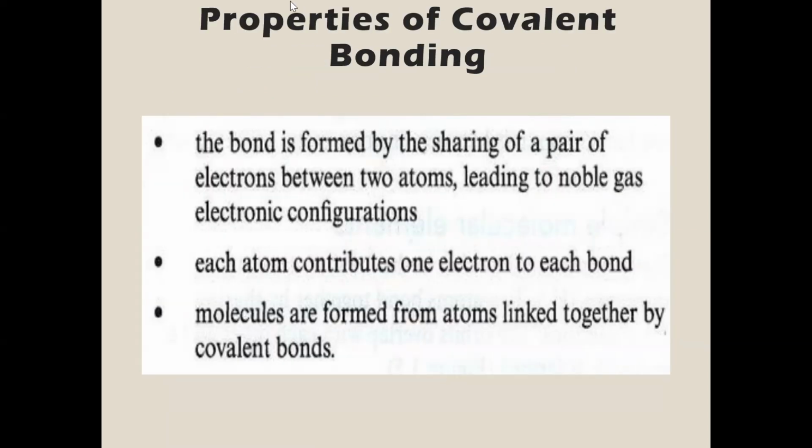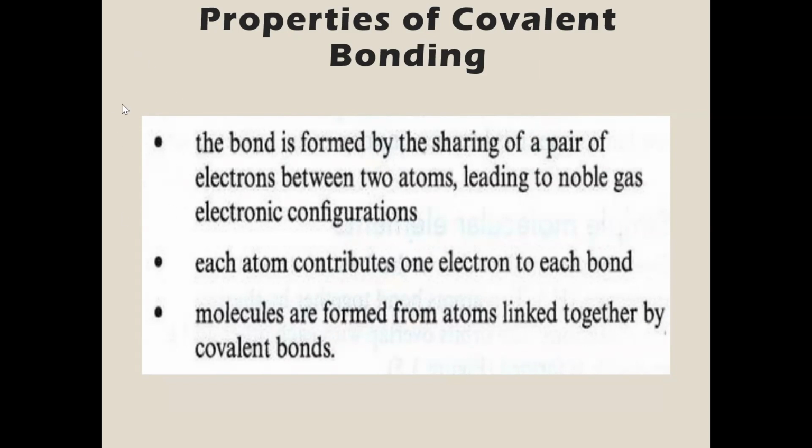What are the properties of a covalent bond? As it is formed by sharing a pair of electrons between two atoms, this sharing will lead the configuration of every atom to reach the electron configuration of the nearest noble gas. As you know, the noble gases are in the last column in the periodic table, and their outermost shell is full with 8 electrons, except helium, which is full with only 2 electrons.